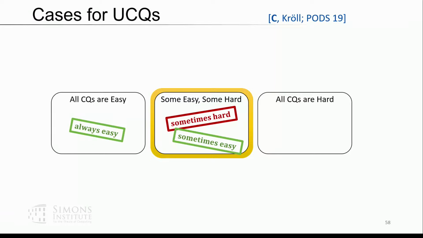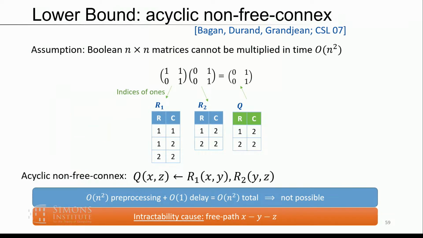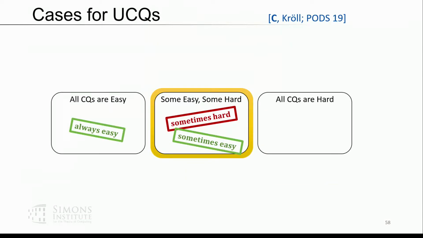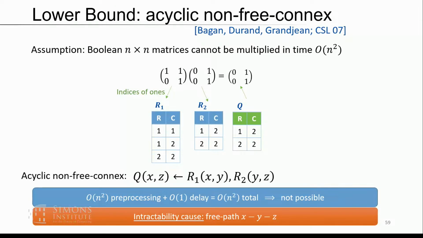And then at some point we realized the reason we weren't able to prove it is because what we were trying to prove is wrong. So even a union that only contains hard queries can sometimes be easy. And this is really nice because we're trying to prove conditional lower bounds, and we found algorithms because we failed. We found that there were some cases where we can do things more efficiently. So that was awesome. Okay, let's talk about this second case now in a bit more detail.